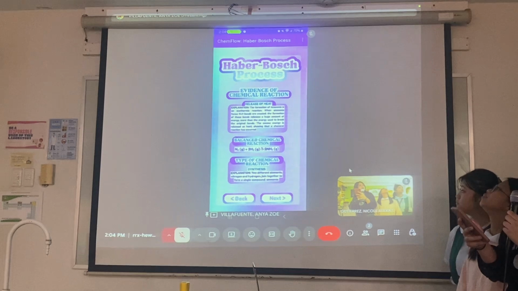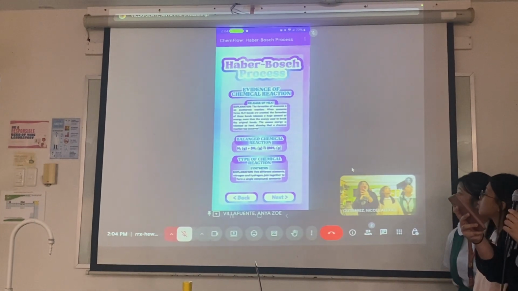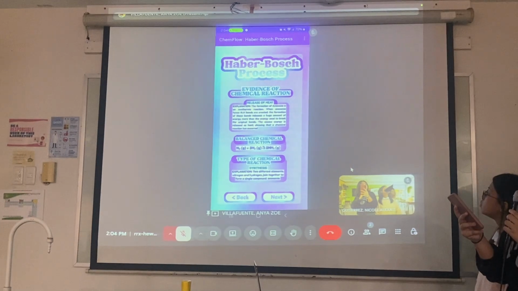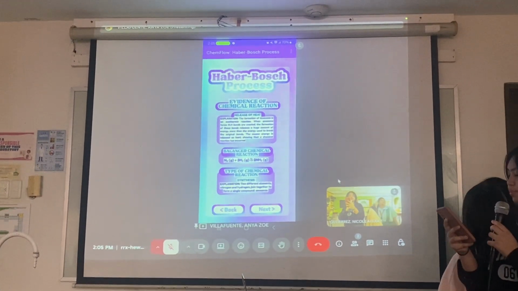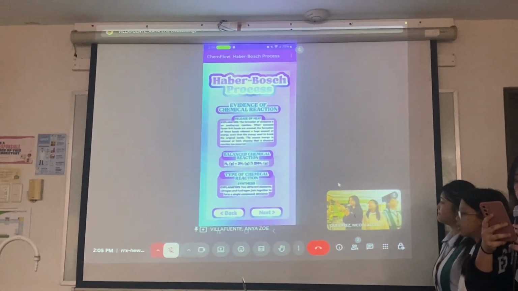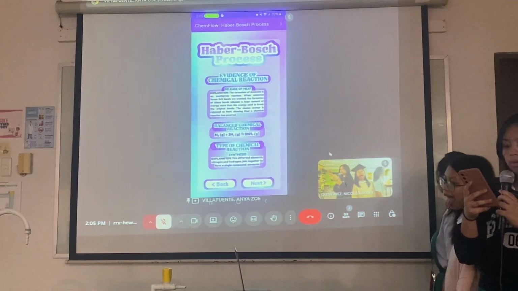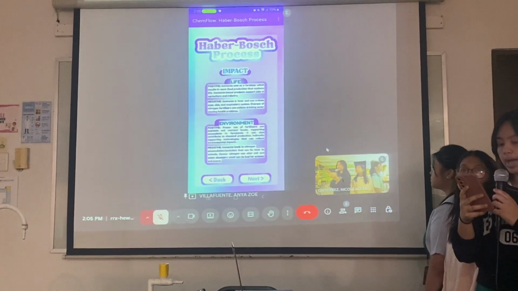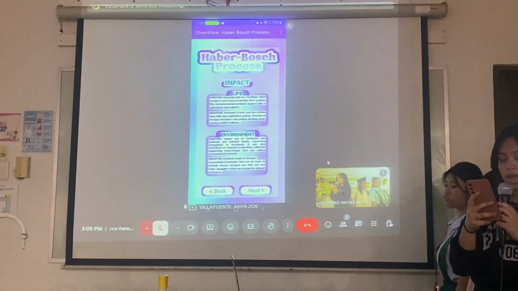It is balanced because both sides are equal to 6 when you do the solution. Then the type of chemical reaction is synthesis because two different elements, nitrogen and hydrogen, join together to form a single compound, ammonia.